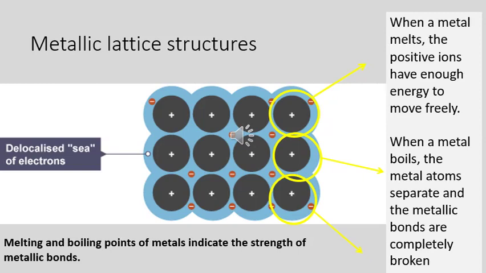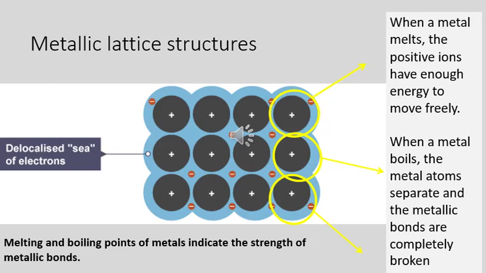That's what I've tried to show with these little yellow circles and arrows. If you can imagine the atoms surrounded by these yellow circles becoming completely separate, like we've spilled our marbles all over the floor. They're completely separate, and when a metal boils, the metallic bonds are completely broken.